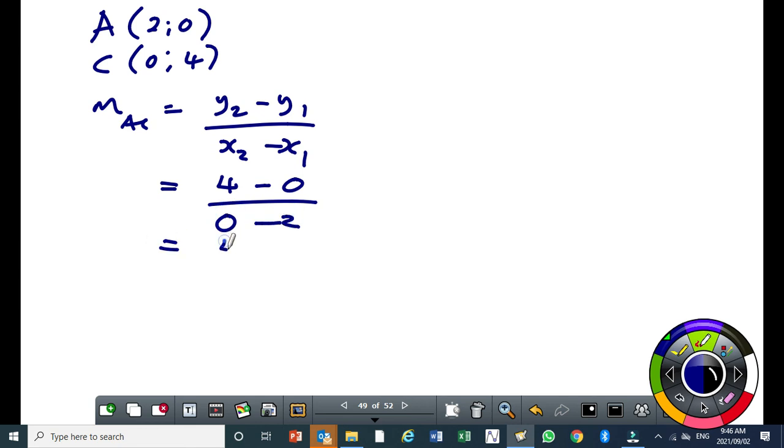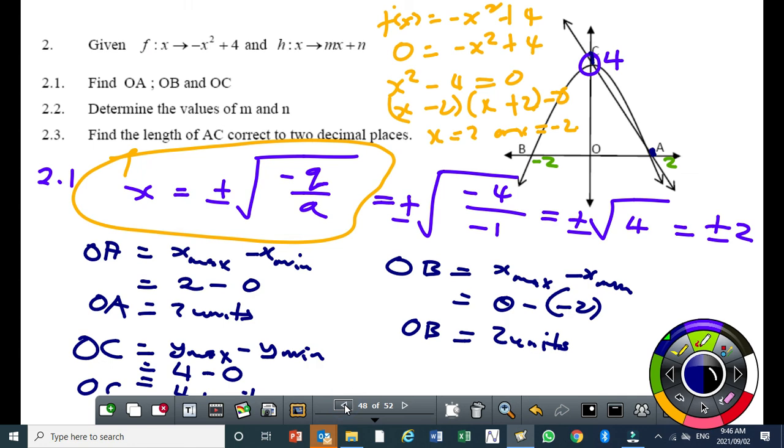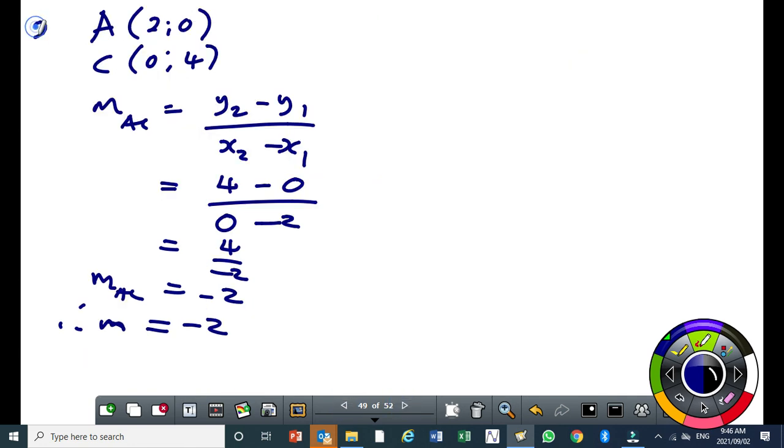So eventually you get 4 over minus 2, and that gives you the gradient as minus 2. Therefore, m is going to be negative 2. Remember here I'm doing question 2.2. You can also decide and make the coordinates of A your x2, y2. These two get the same result, right?